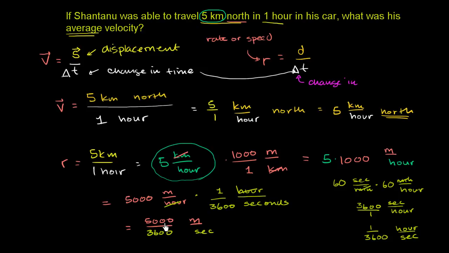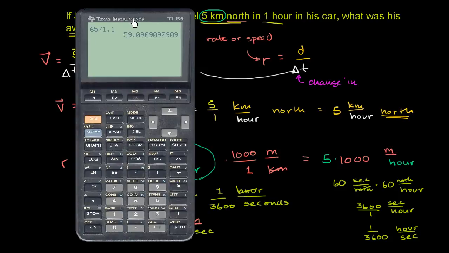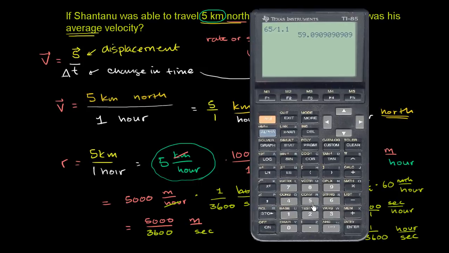And if we divide both the numerator and the denominator, well, I could do this by hand, but just because this video is already getting a little bit long, let me get my trusty calculator out. 5,000 divided by 3,600, which would be really the same thing as 50 divided by 36. That is 1.39 when I round it.